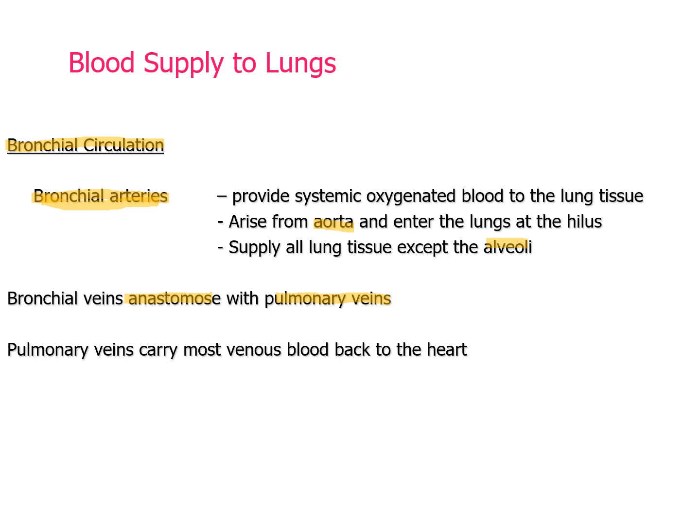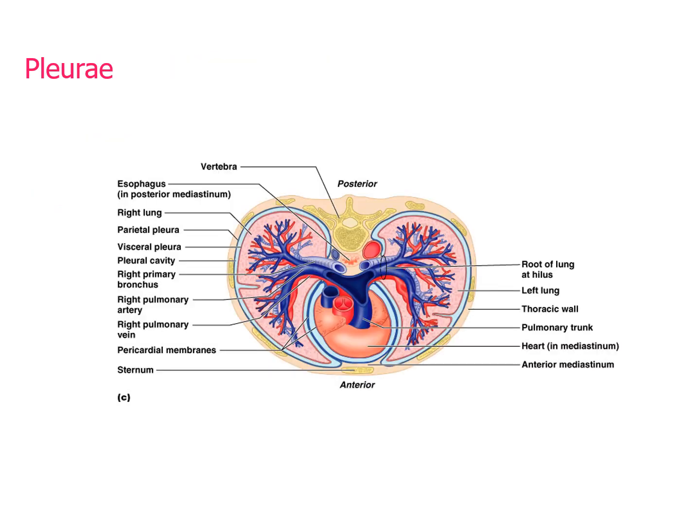So there is a small amount of less than fully oxygenated blood within the fully oxygenated blood that's going back to the heart through the pulmonary veins. You have a small amount of less than fully oxygenated blood coming back through the bronchial veins. So those are the two blood supplies, the pulmonary circulation and the bronchial circulation.